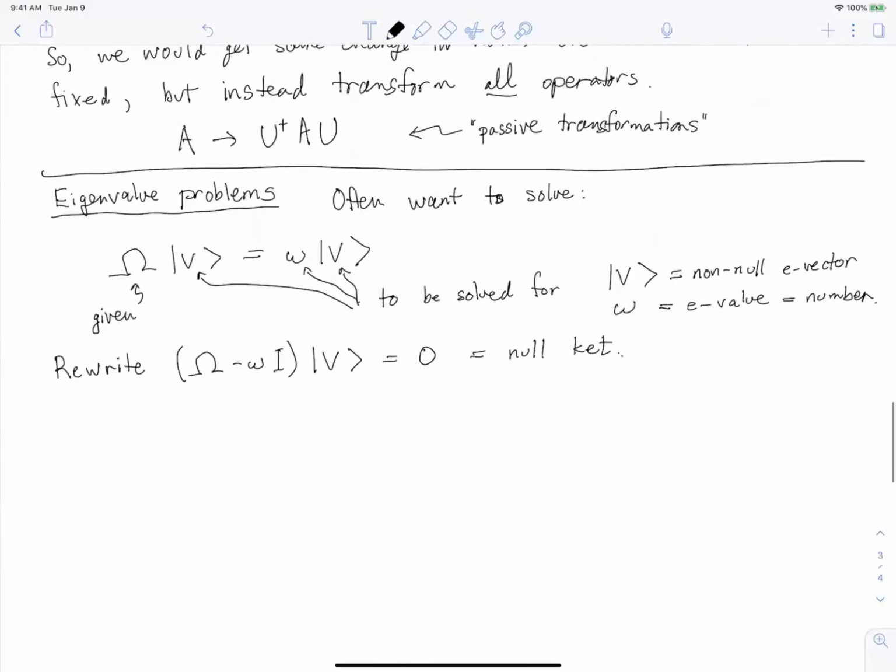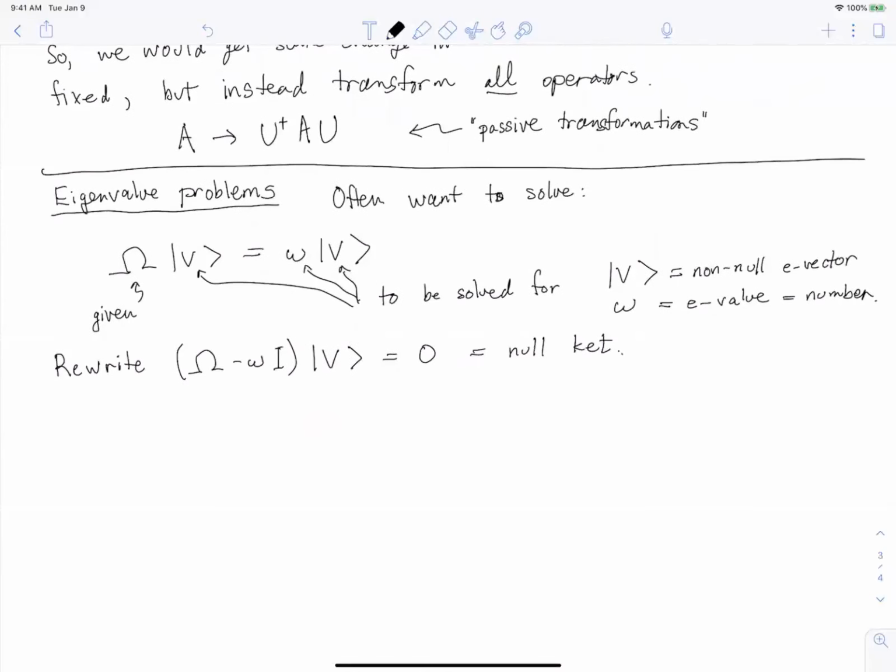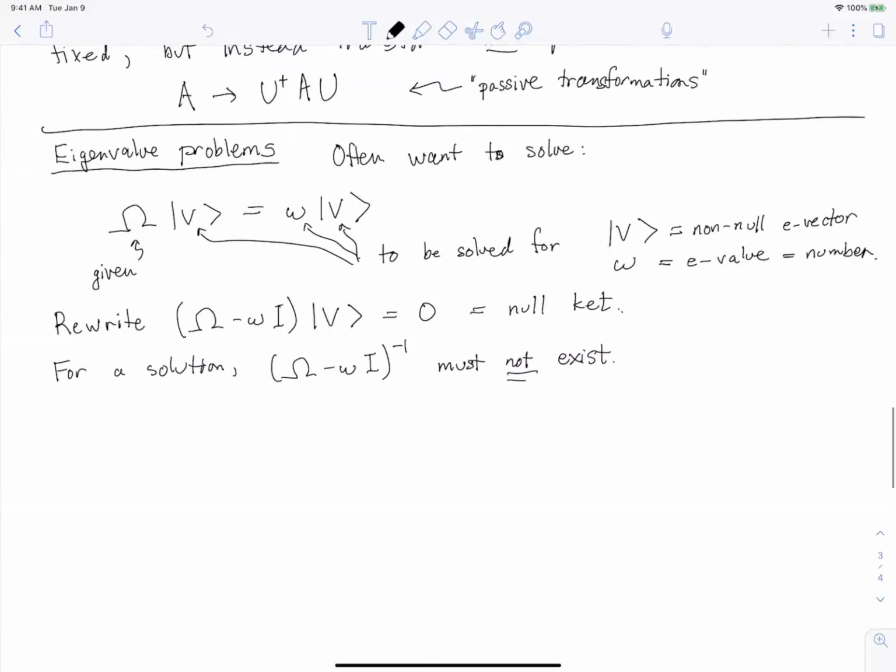Okay, so from this equation, I can tell that for a solution to exist, the inverse of the operator capital omega minus little omega times I must not exist. If that inverse exists, then I can quit. I know there are no solutions.